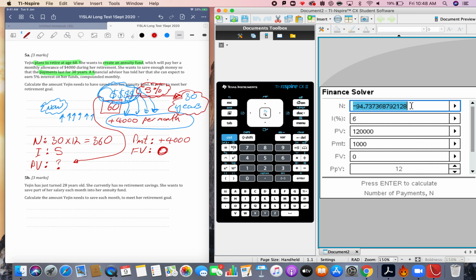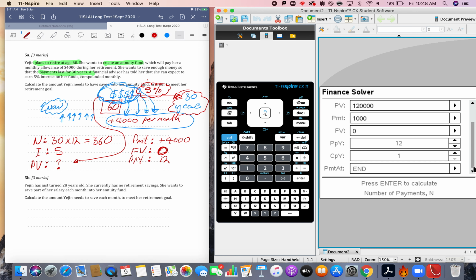And then the PPY, the payments per year, well, you can see she's receiving 12 payments per year. And then if you look at the CPY, the 5% interest is mentioned here, and straight afterwards it says the 5% is compounded monthly. So the CPY is also 12.